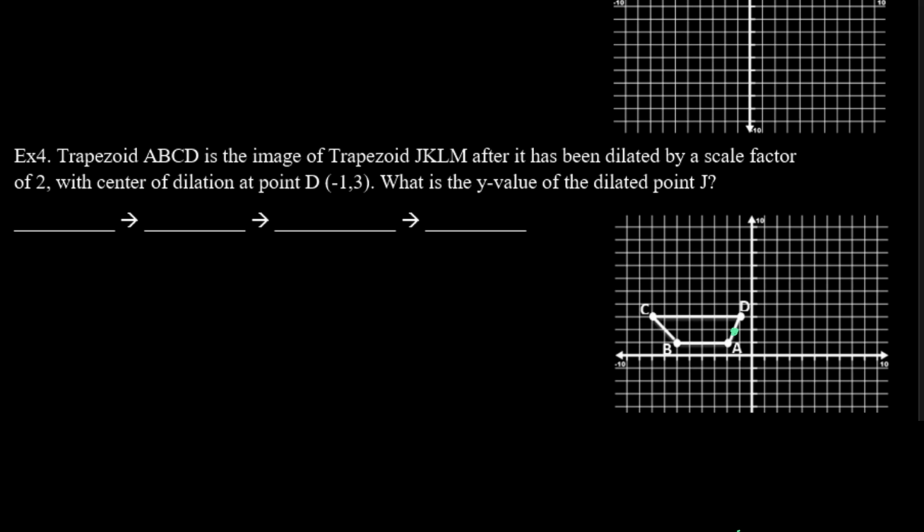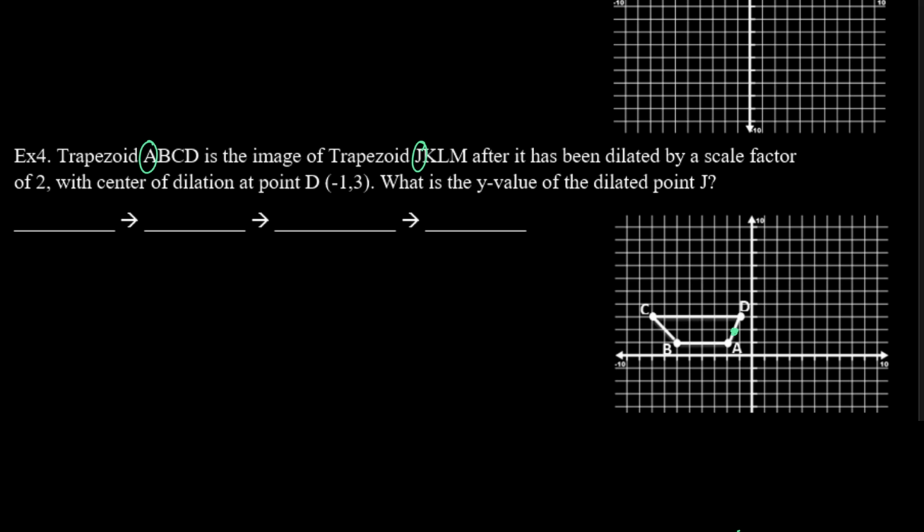This image has already been dilated by a scale factor of 2. What does it want from us? It wants the point J, which corresponds to which point? A, right? They're both in the first position here, J and A. So it wants the original J value.